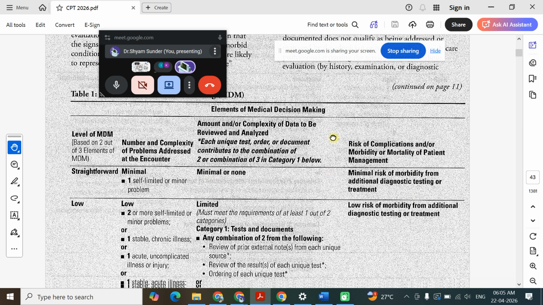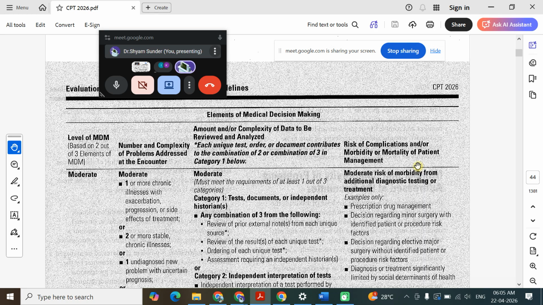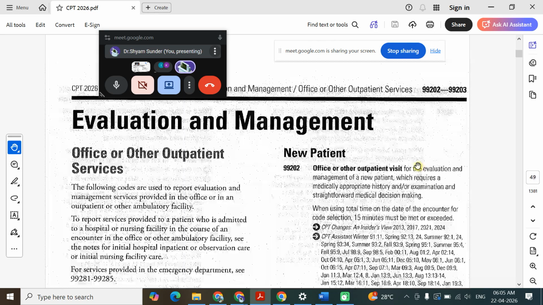So please go through this table. Try to understand to the extent possible. Then we'll discuss further. All right. Any questions in E&M so far?